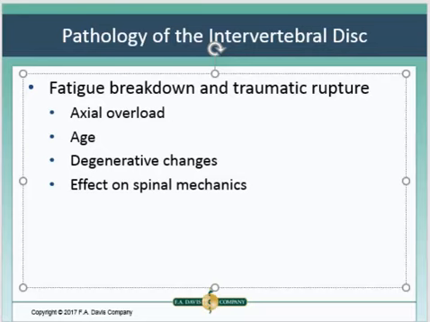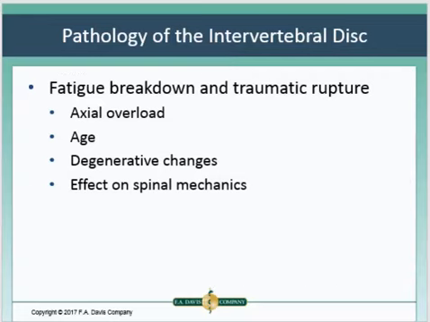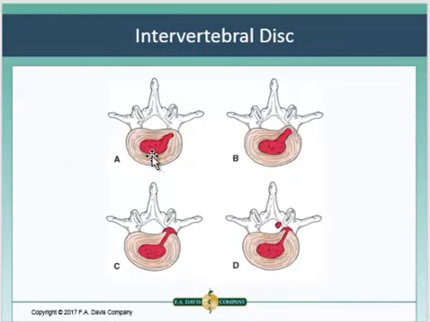Your discs also break down with age. There can be degenerative changes, especially with repeated forward movements, and these forward movements are what cause the disc to move posteriorly. If we go back to the previous slide, you see that the typical disc here is moving posteriorly, and sometimes posterolaterally, because that is a weaker area of the disc.